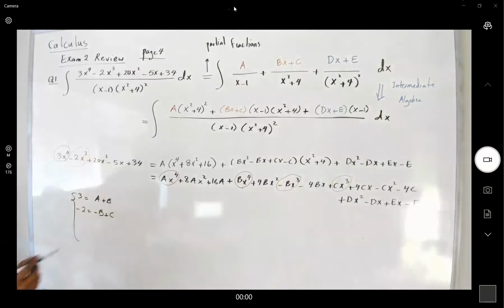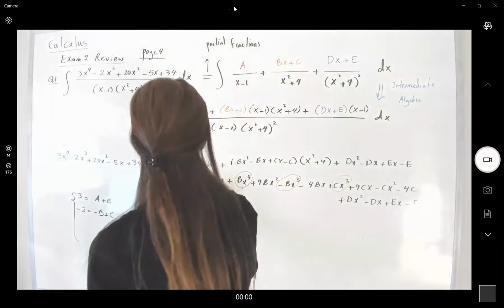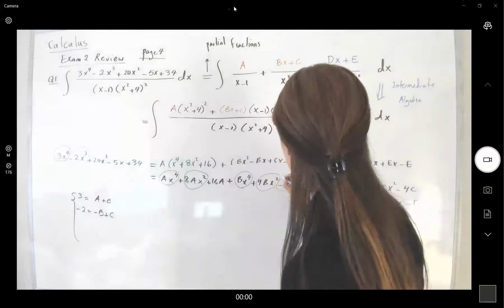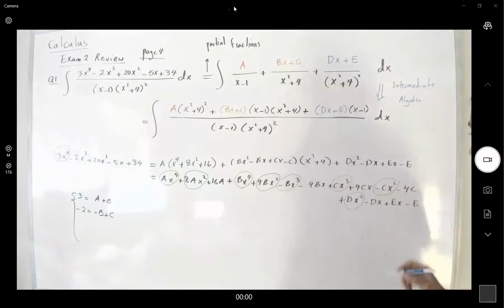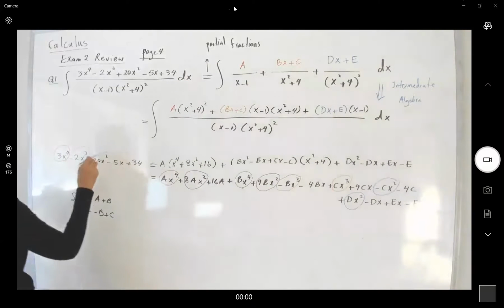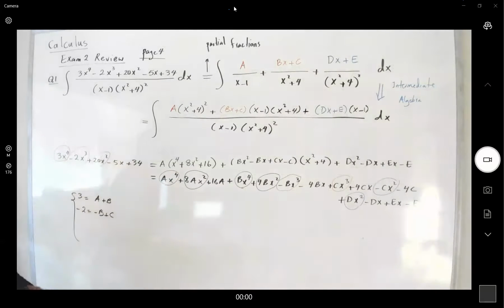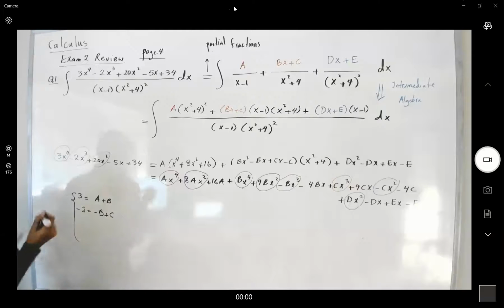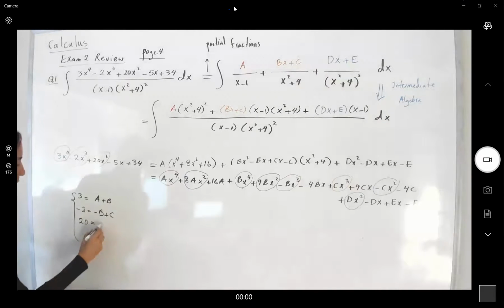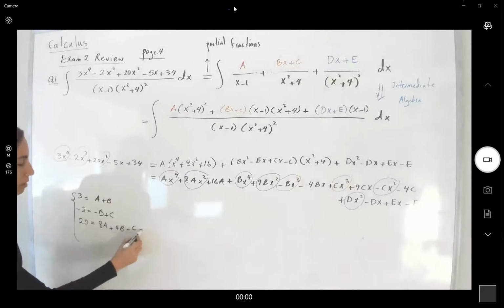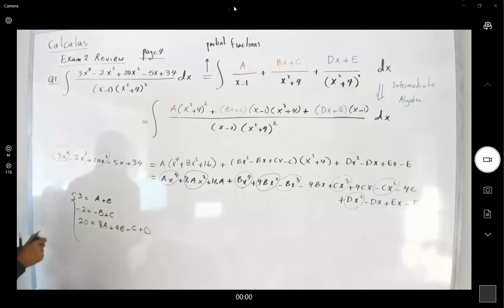Okay, perfect. So now x squared: this term here, this term here, and this one here. The sum of the coefficients must be equal to 20. So 20 is equal to 8A plus 4B minus C plus D. Now we're dealing with the linear term.